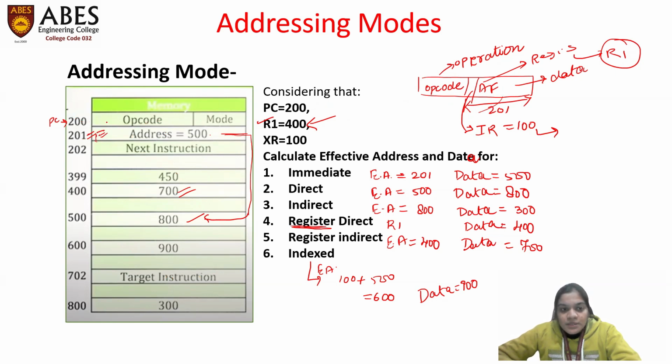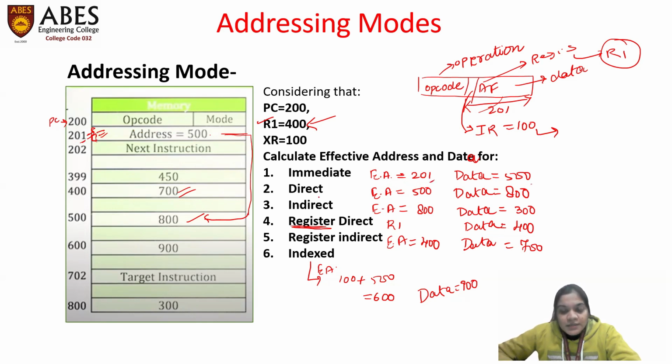So in case of immediate, you will get the effective address directly and the data itself. You will have the address value where your content is stored, and it will be fetched from the memory section. So 201 is the effective address in immediate addressing mode and data is 500.